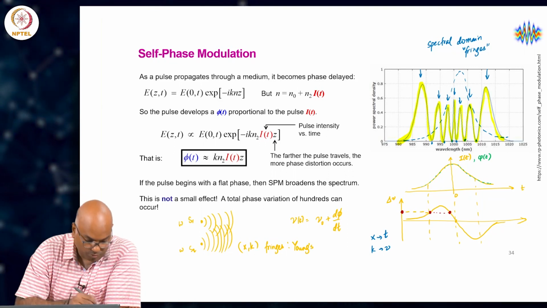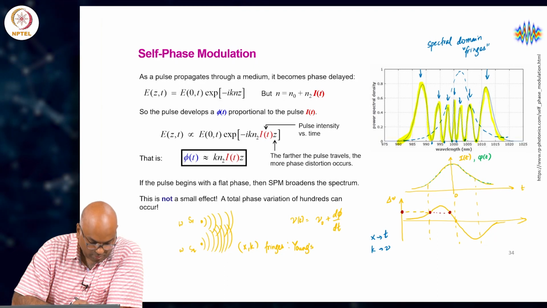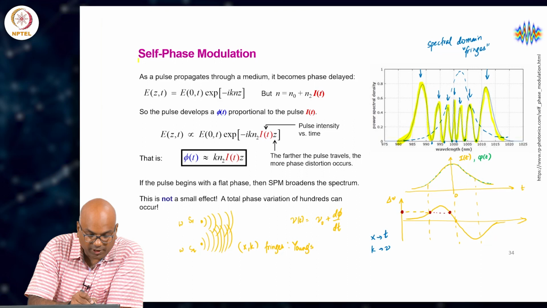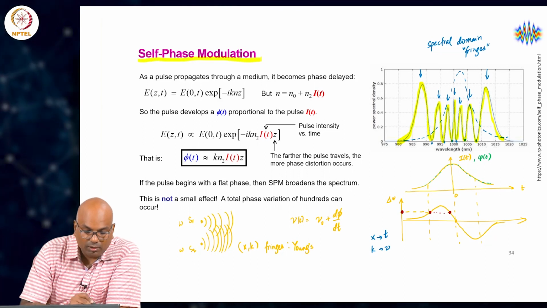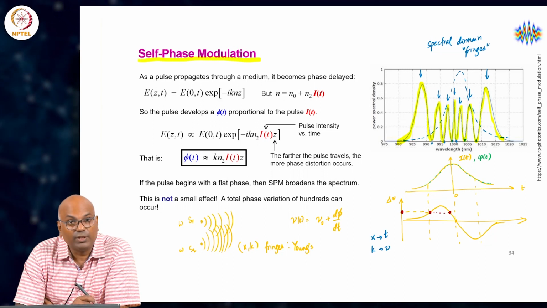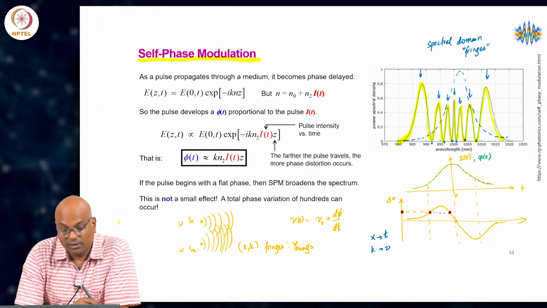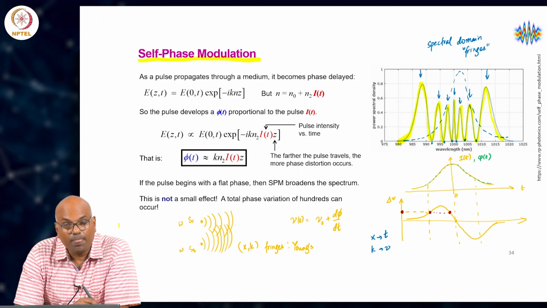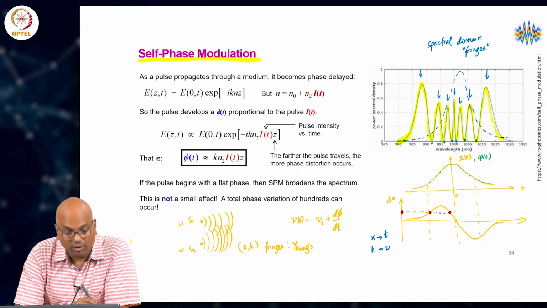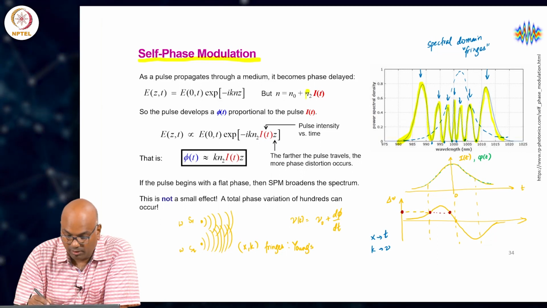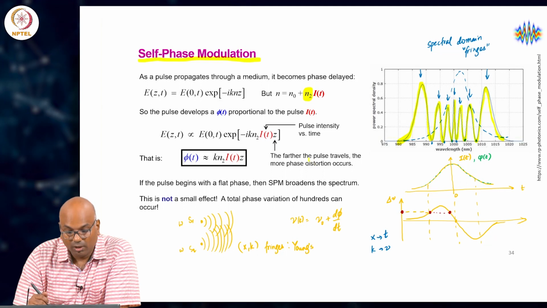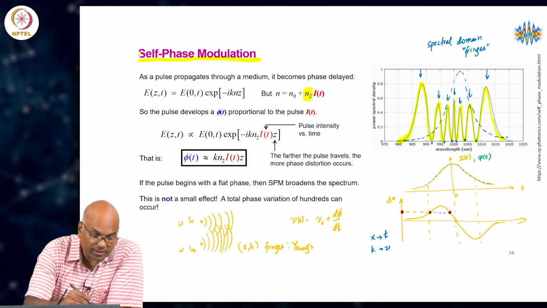It leads to the effect of this spectral modification due to self phase modulation. Self phase modulation, the name is very self explanatory. A beam passing through a medium of appreciable third order nonlinear coefficient, or appreciable intensity dependent refractive index coefficient N2, will modify its own phase.